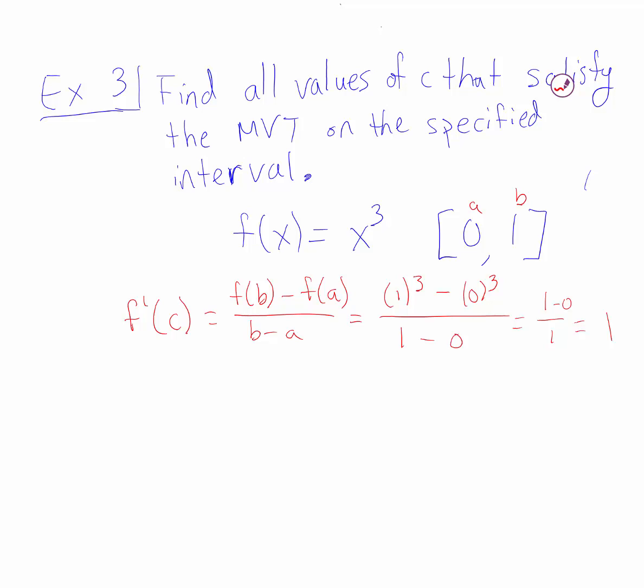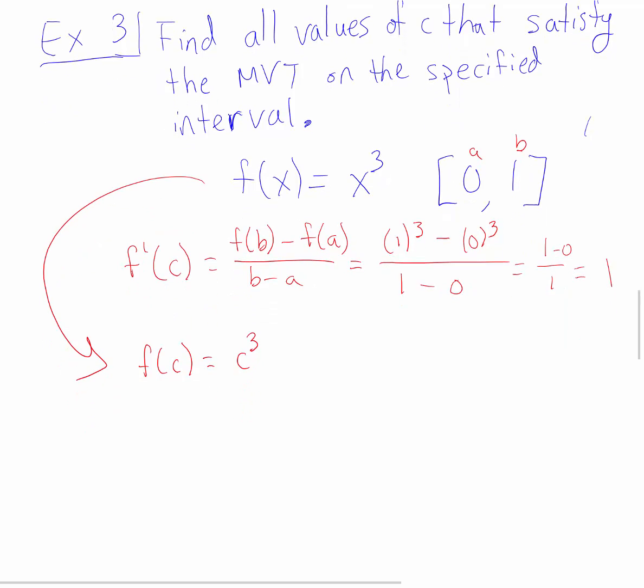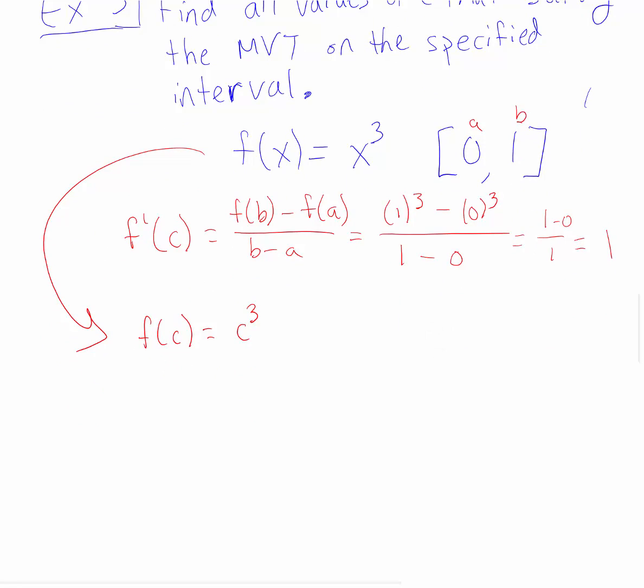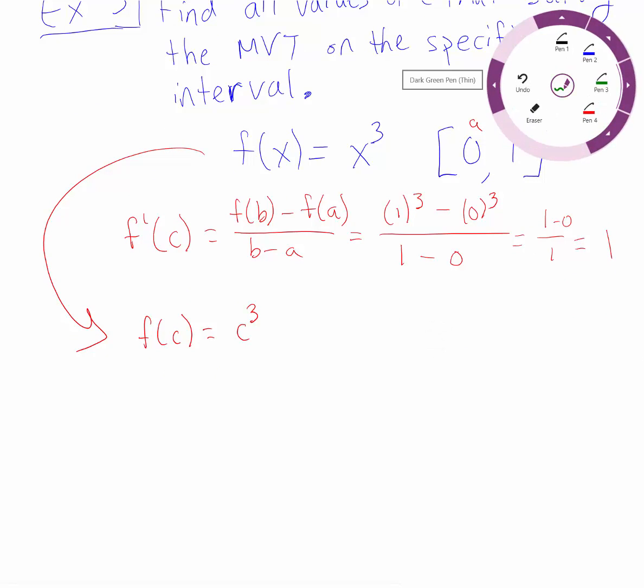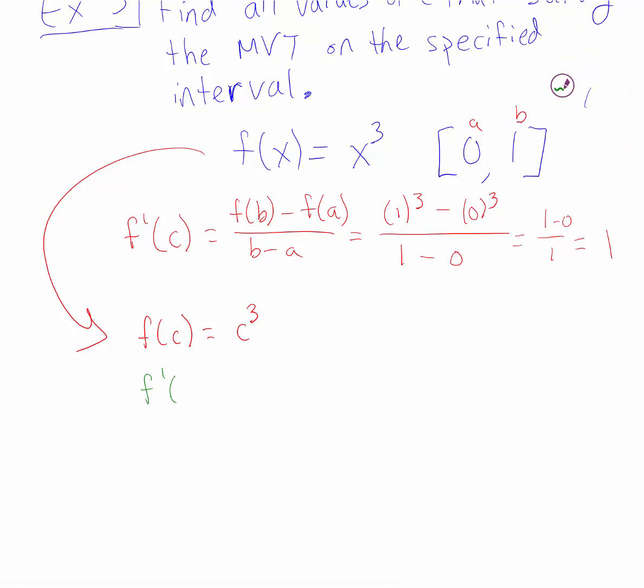And so, again, what we can do is rewrite this as f of C equals C cubed, so we remember we're solving for C. Now we take the derivative: f prime of C equals 3C squared. And we set that derivative equal to 1.